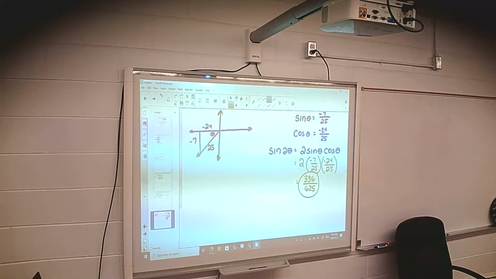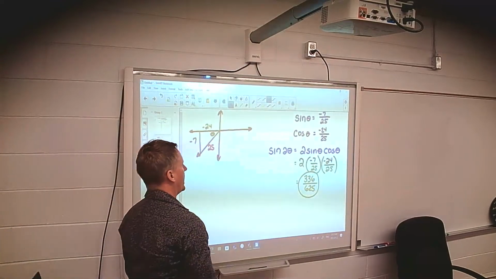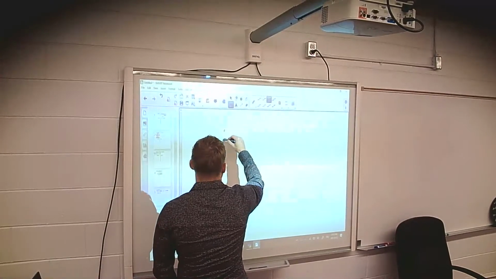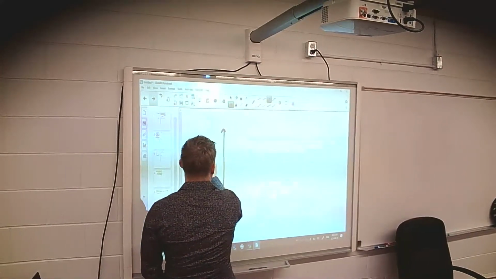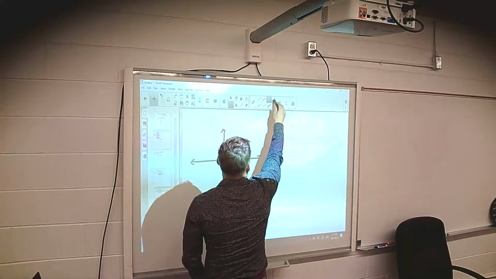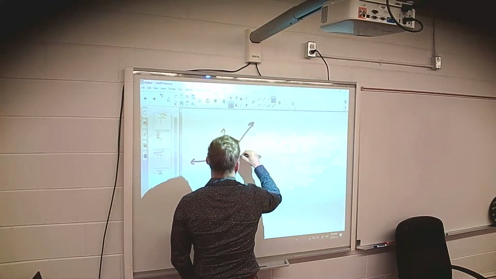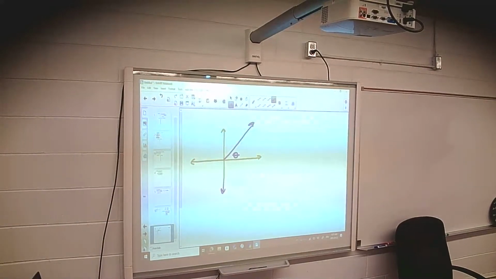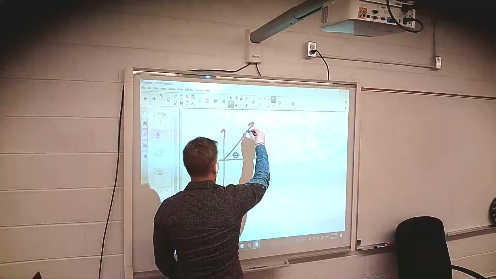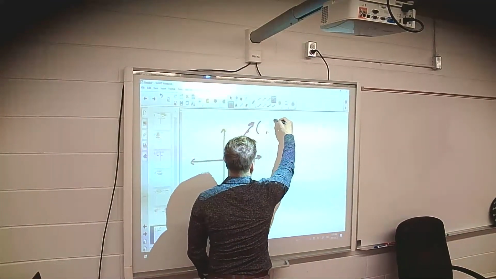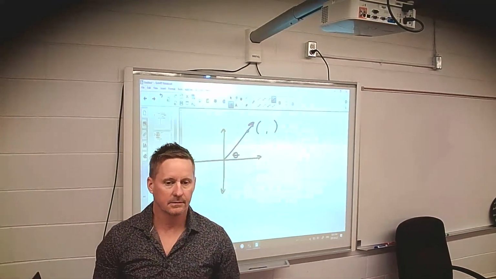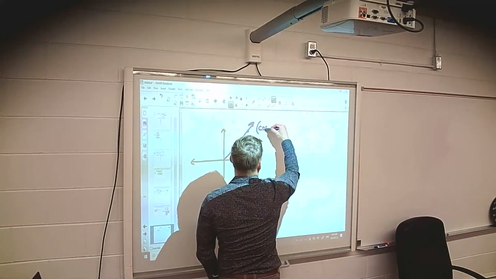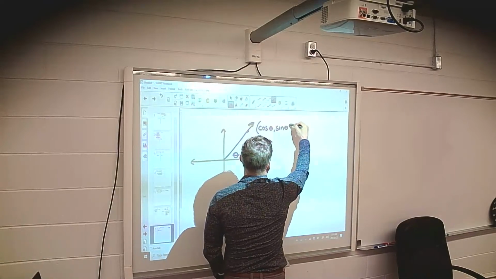Now, just a quick explanation here. You don't have to write this down or anything. I just want you to understand what's happening here. Let's say I have an angle here of theta. And I found my coordinates here, whatever my coordinates were. So that means that this is cos theta, sine theta, like this.